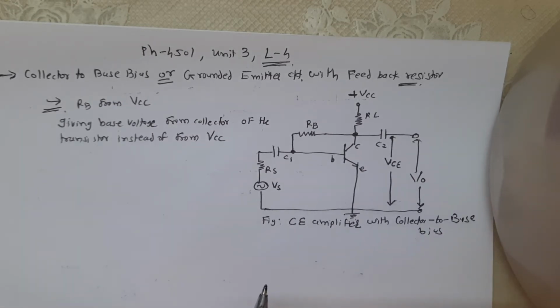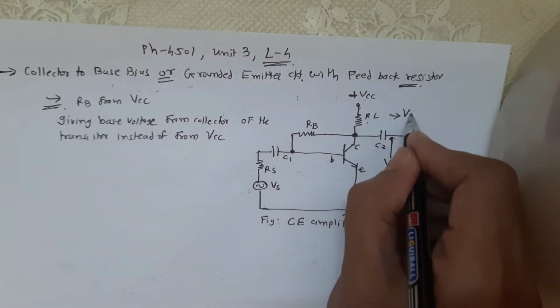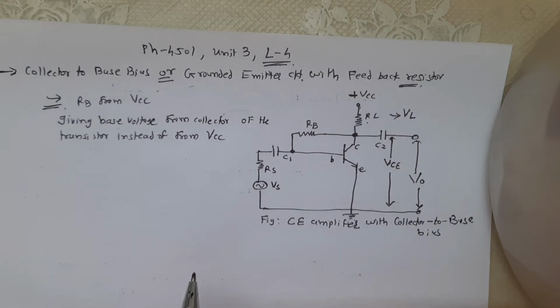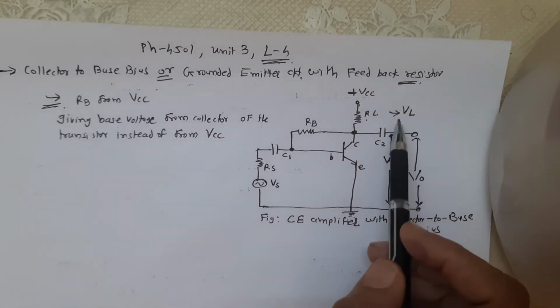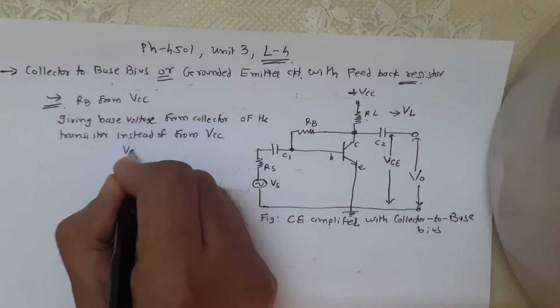Here, if IC tends to increase, then the voltage across RL, known as VL, also increases, which in turn reduces the value of the collector to emitter voltage VCE.